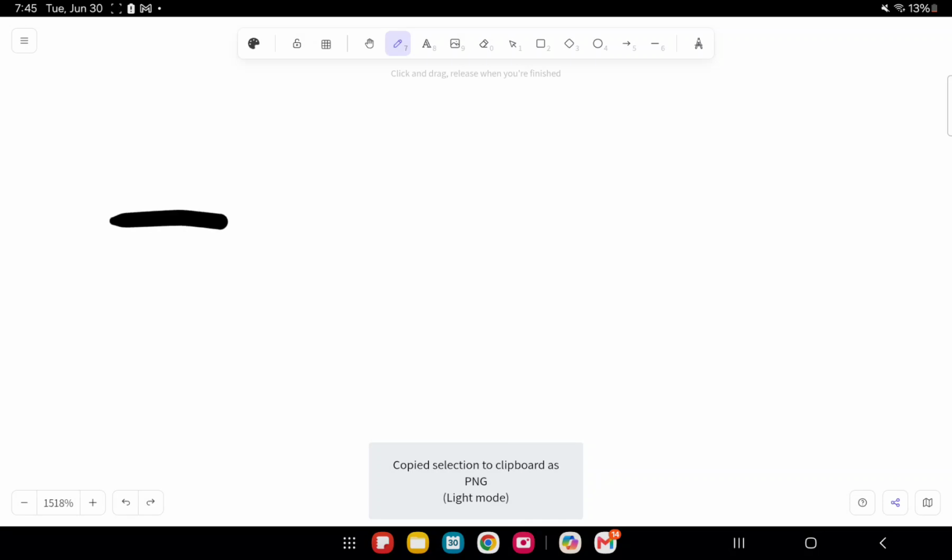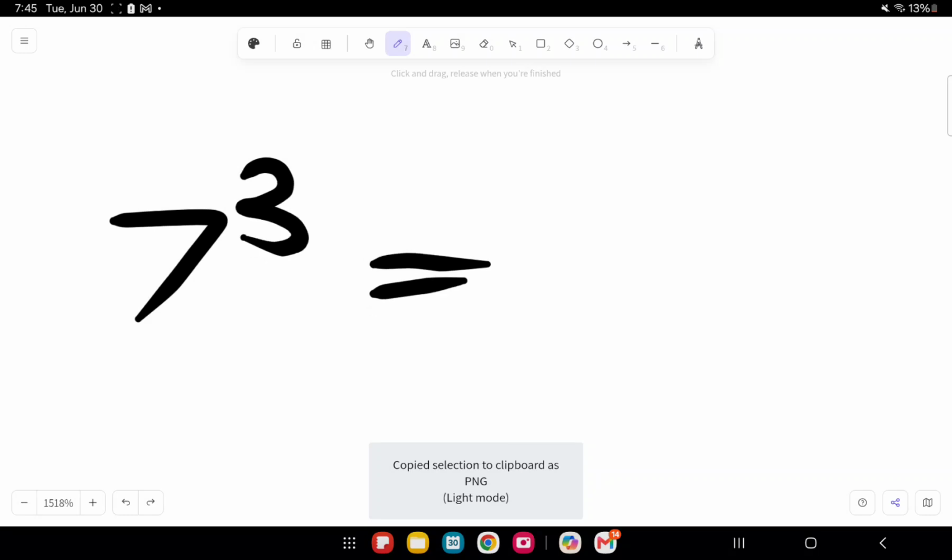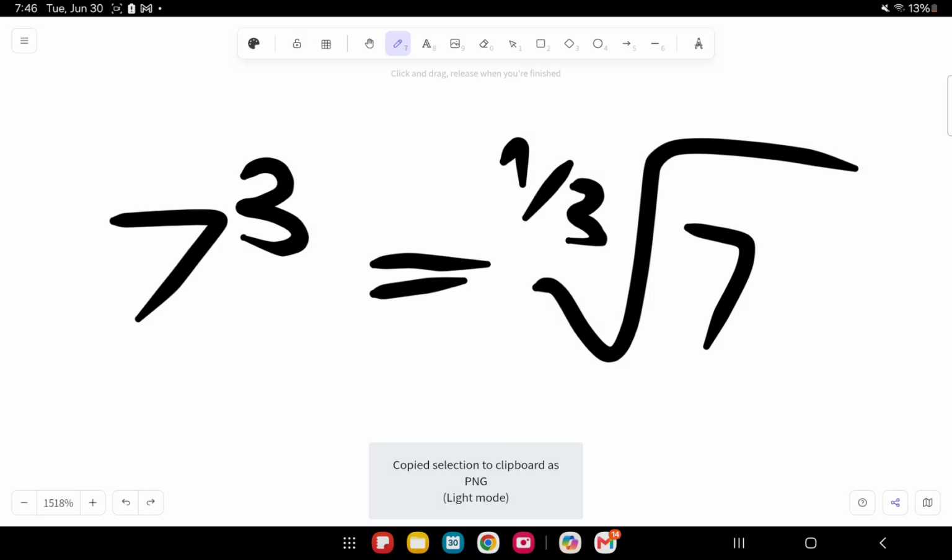For example, 7 to the third, 7 cubed, would be a third root. That's a 2. 1 third root of 7.